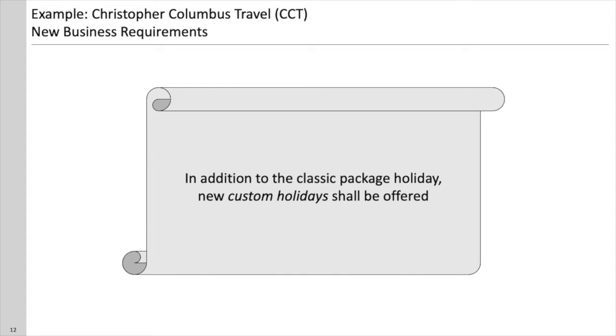While packaged holidays are pre-packaged in advance by product management of the company, they found out that many customers would like to have more individuality, would like to individually configure their custom holidays. Okay, now we want to offer that. What needs to be done?